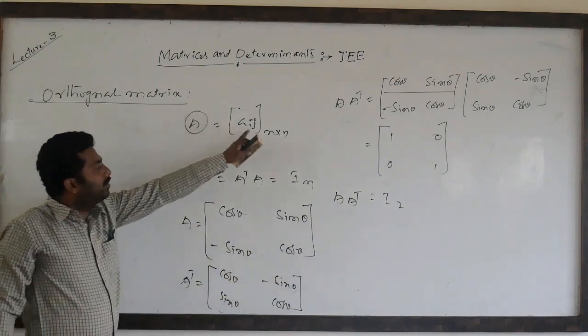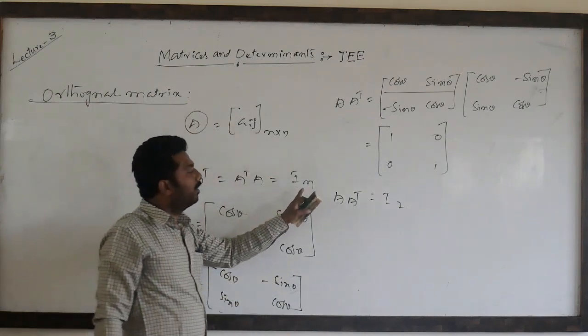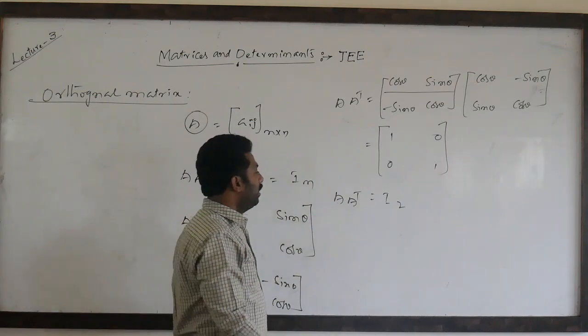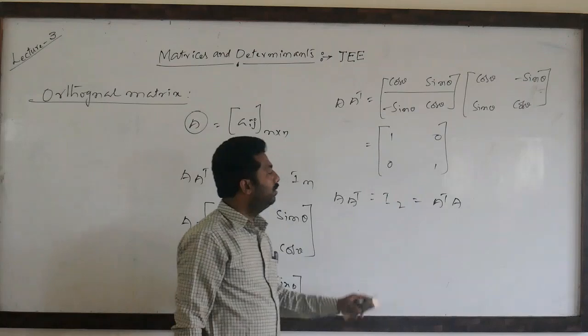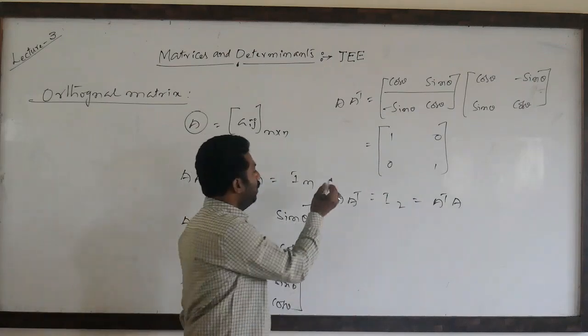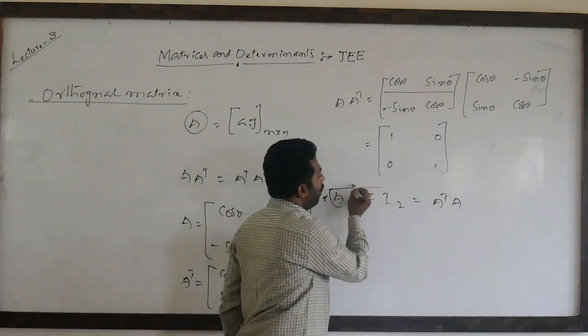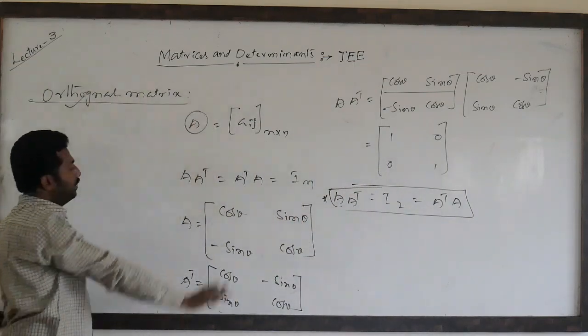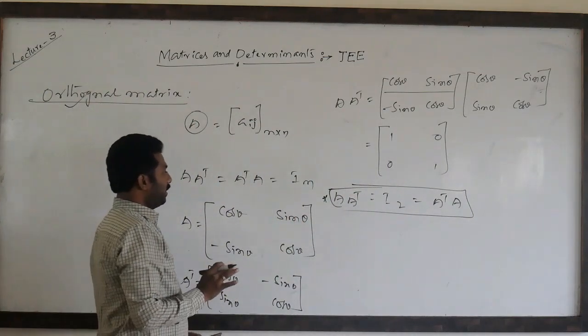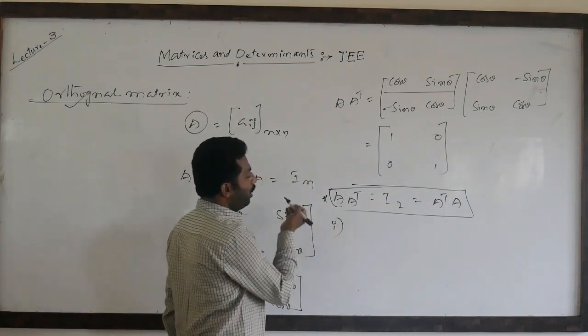If you take an nth order matrix you will get the identity matrix of order n. Similarly we can show that A transpose into A is also the identity matrix. These types of matrices are called orthogonal matrices.